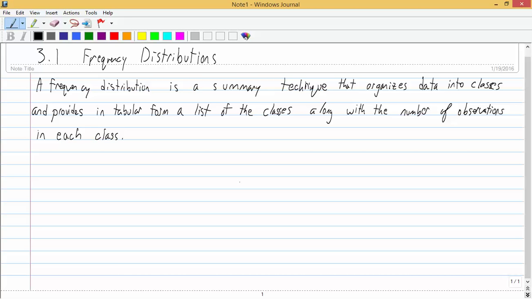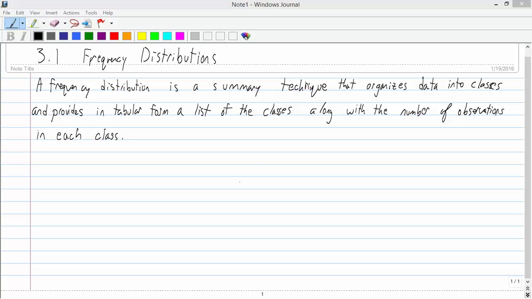Just looking at that big set of raw data, you'll be able to tell a couple of things, but there's got to be some way to take that data and organize it in a way that would be helpful for others to understand the data a little bit better. Okay? And making a frequency distribution is a method of organizing that data.